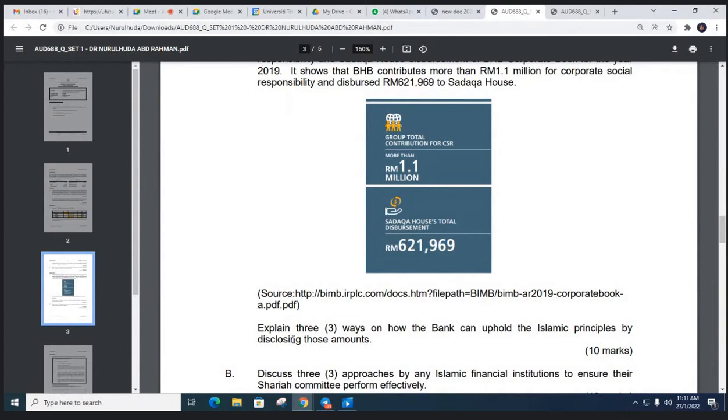Boleh kaitkan dengan critique over the lack of social responsibility, which kita kaitkan dengan social responsibility principle tu. Okay, corporate social responsibility dimensions, boleh? So that's why when they disclose this amount, they show they are responsible to the community, which is in line with the CSR dimension.